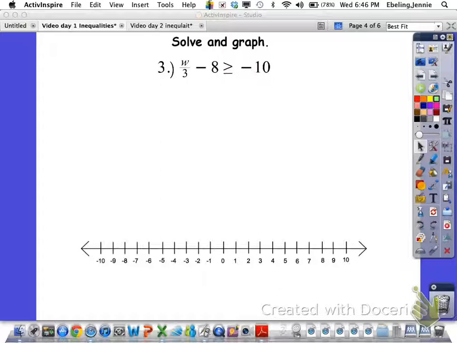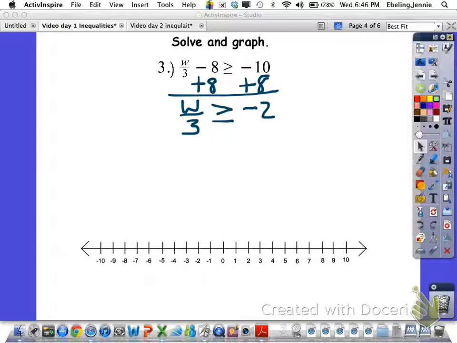So we solve this just like we would any equation. That is, we have to undo the subtraction first. That leaves us with w divided by 3 is greater than or equal to, and negative 10 plus 8 is negative 2. To solve this, to get w by itself, to undo that division, we have to multiply both sides by the 3. So I have w is greater than or equal to negative 6.